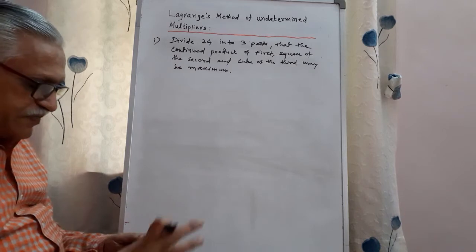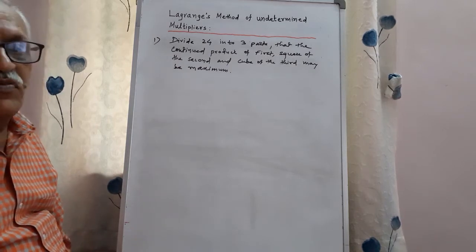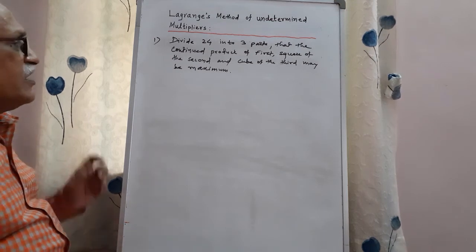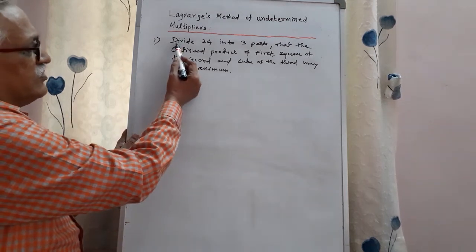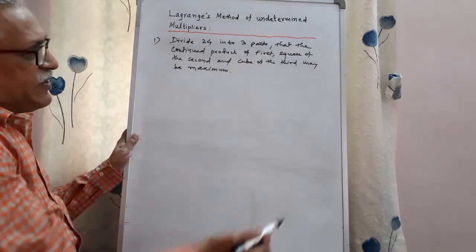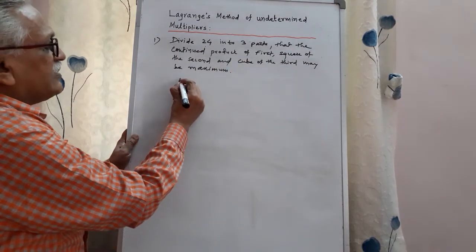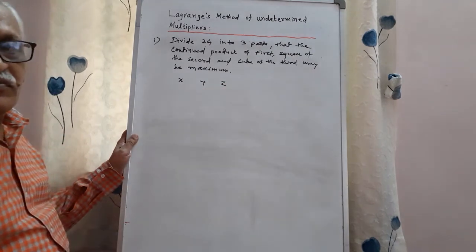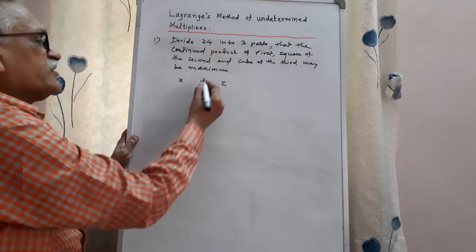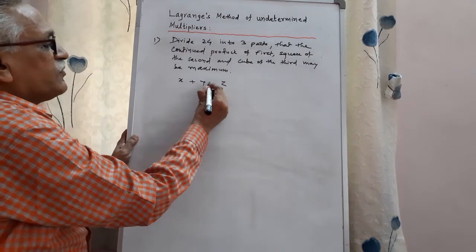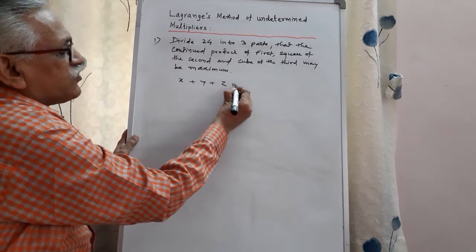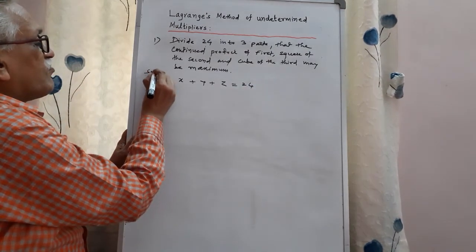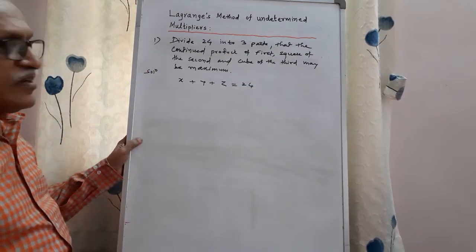Therefore, using this statement, we try to find the values of the three variables x, y, z. What is given here? We have to divide 24 into 3 parts. Suppose the parts are x, y, and z. Therefore the sum of all these 3 parts is 24. Therefore, x plus y plus z equals 24.